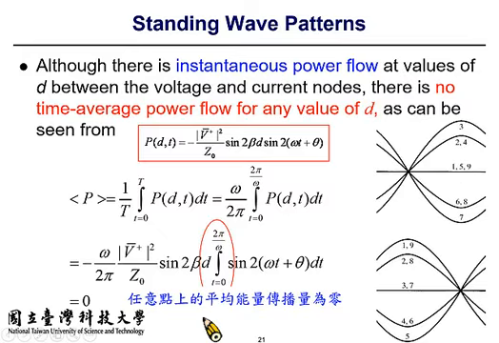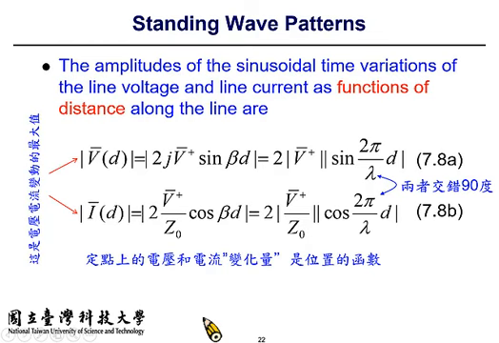And this result is valid for any point on the transmission line, not only for the voltage node and the current node. Any other position on the transmission line shall yield the same result. That is, the time average of power on the transmission line is 0. So it's valid anywhere on the transmission line.